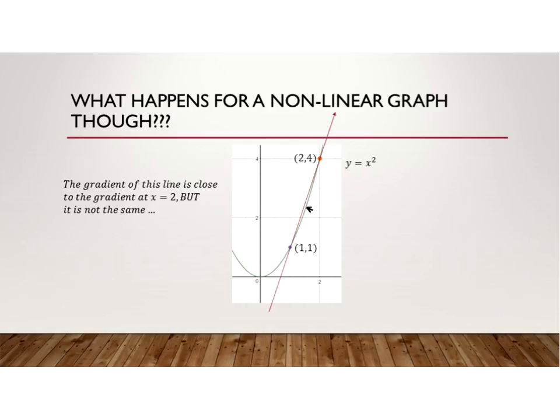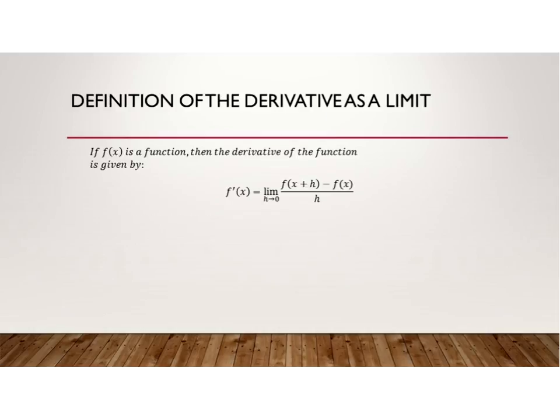And that's the thinking behind where the derivative is actually coming from. Notice here, I've drawn the line which is tangential to the curve at (2, 4). Notice that they do not have the same gradient. If I take that point there and move it up along the curve, as I get closer and closer to (2, 4), the lines virtually become the same line. So that's the thinking that we're going to apply.